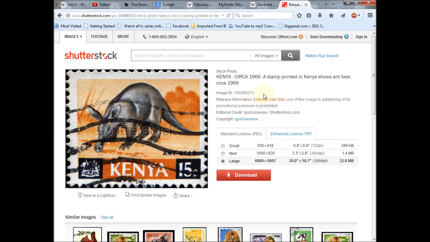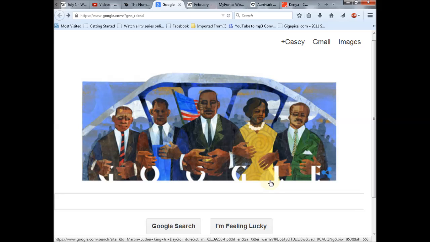And in 1966, remember Obama was 6.66 years old, there was a stamp in Kenya, a 15-cent stamp with the aardvark on it, and they call it the ant bear. Now, Kenya, Africa, where Obama was the Lion King. He was born in Hawaii, Kenya, Africa. Negro's Dormitory, most likely. And we know that the Lion King film was based on his life.